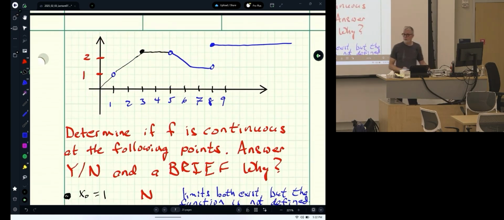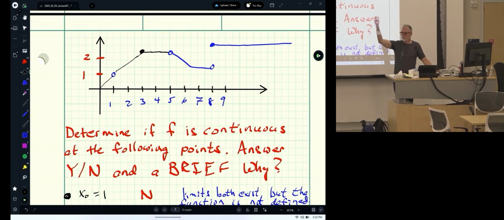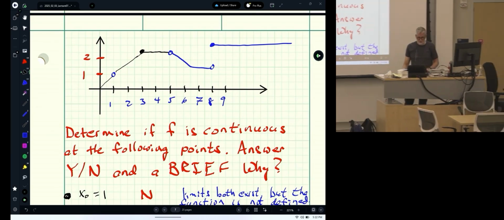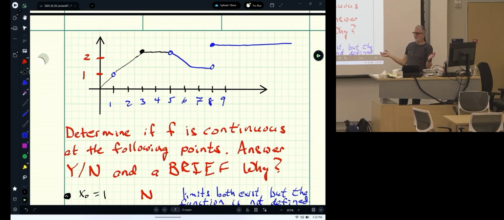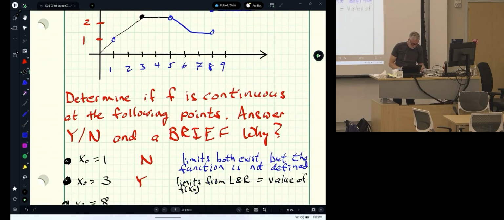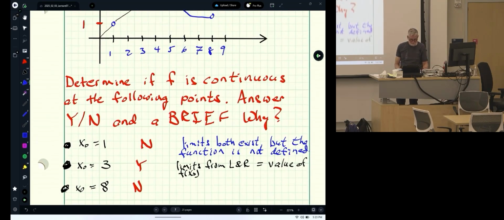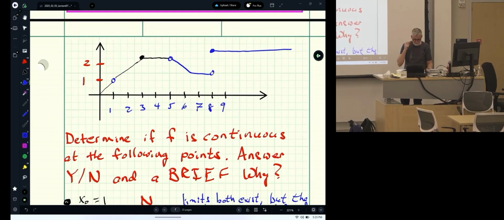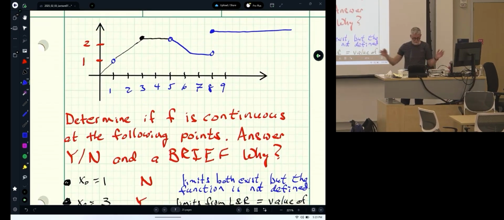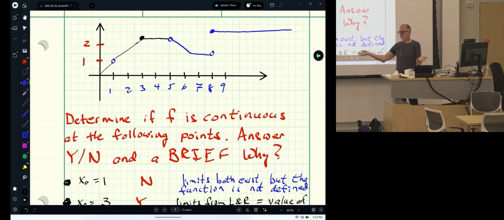And then, I'll go with the folks farthest away from me. At x0 equals 8, is the function continuous there? No! And why is that? Yeah, limits from the left and right, even though they exist, they disagree.